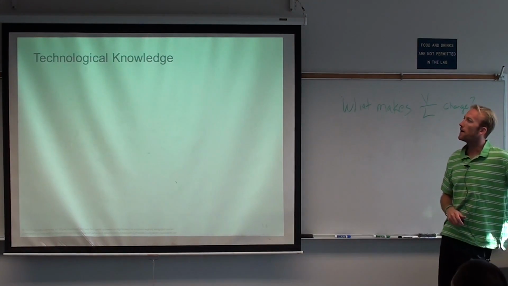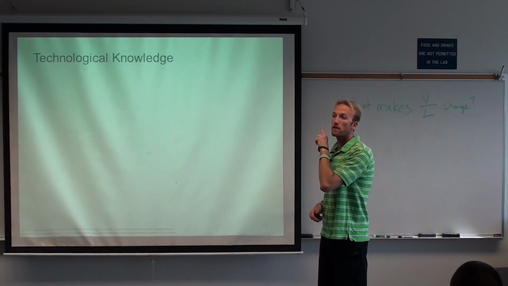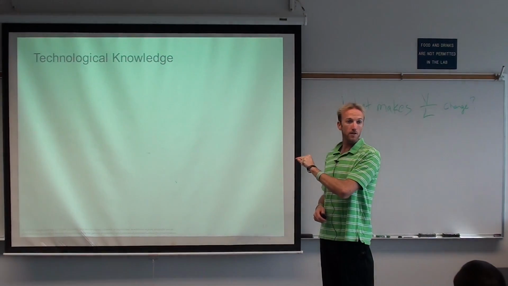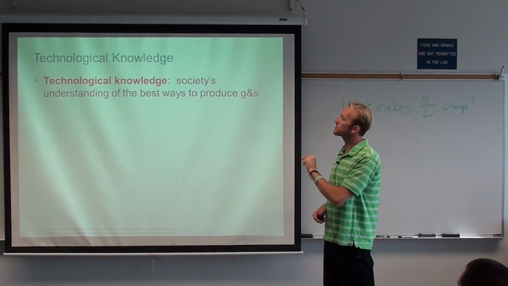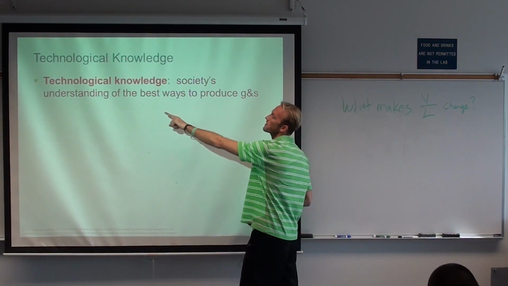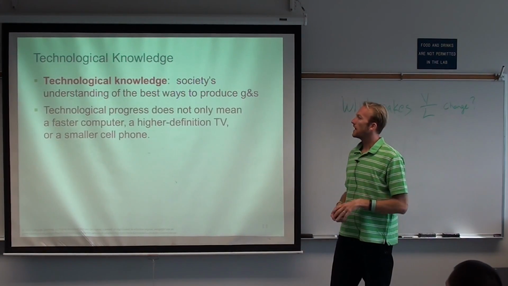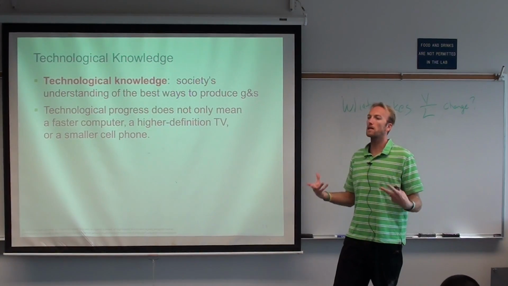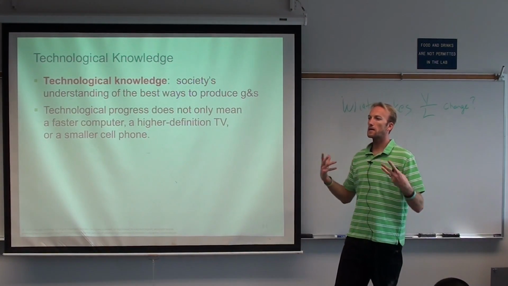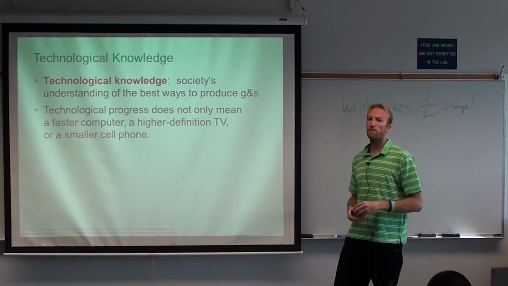Okay, and then the last thing that has something to do with output per worker is this thing I'm going to call technological knowledge. It's basically the understanding of the best ways to produce goods and services. It doesn't actually have to do anything with what we consider technology, like computers or a smaller cell phone or faster internet.